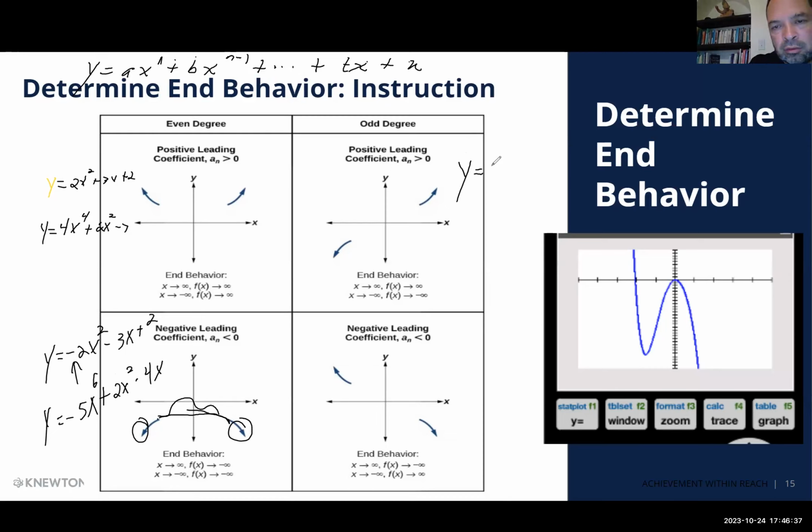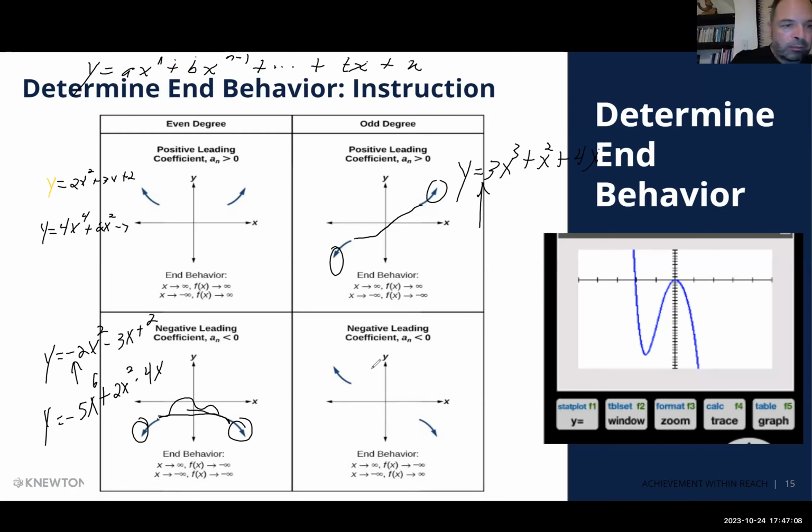Let's say y is equal to 3x to the third power plus x squared plus 4x. That may make a difference in what happens in the middle, but in the end, if the leading coefficient is positive, then it's down on the left and up on the right. And very similarly, if you change the sign of the leading coefficient, it's going to go the other way.